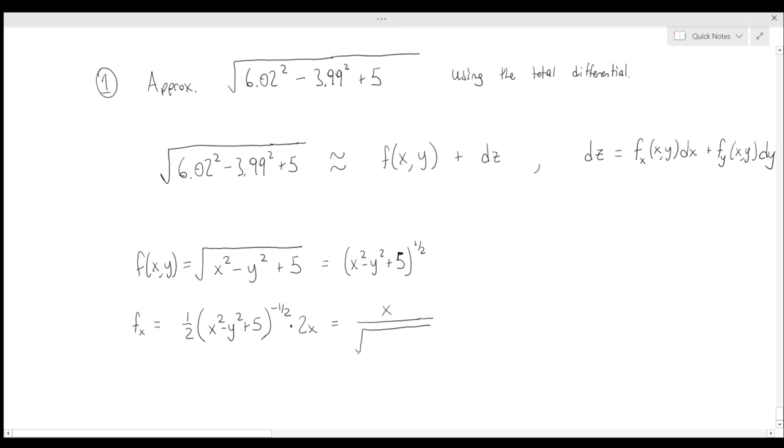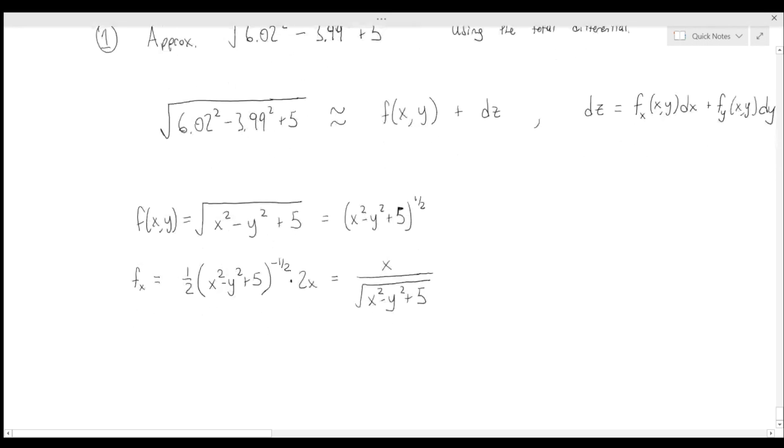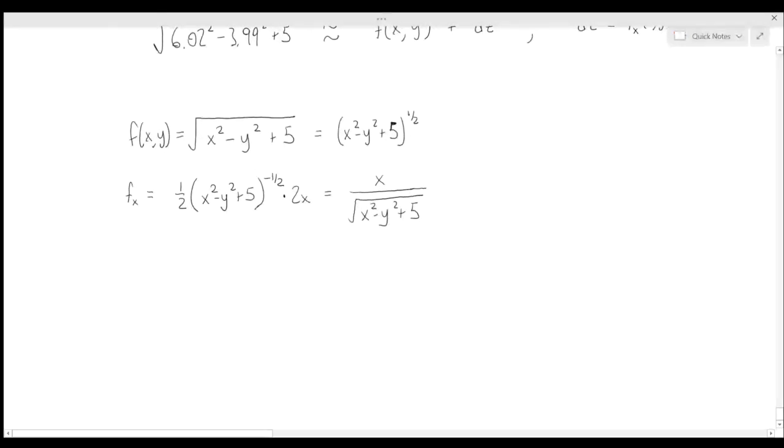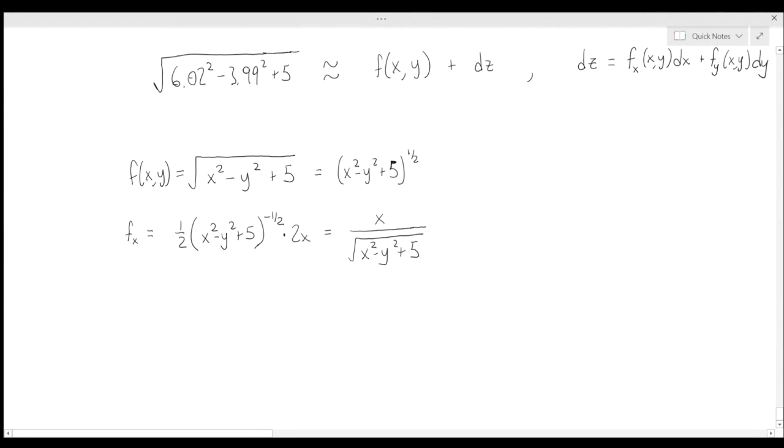And because it's a half, I'm going to rewrite it as a square root. Okay. That's going to give us fx first. And then fy is going to work very similarly. Okay, so to get the derivative with respect to y, you'll do the same thing at the beginning where you're just going to pull the exponent out front and decrease it by 1.